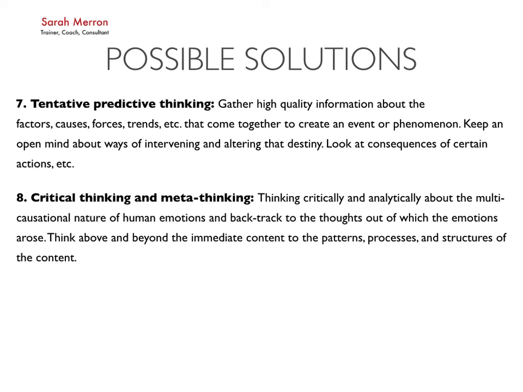Okay, number 9. We start to reality test the shoulds. You know how to do this because we did it in practitioner level. Well, who says you should? And how is it you know that that is the right way? Or how is it that you know that you should? When did you decide that?